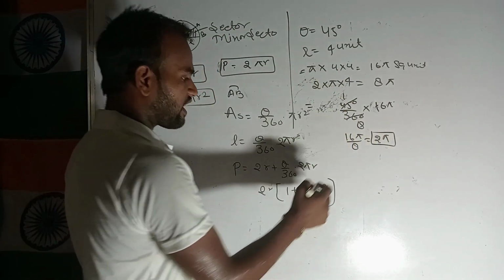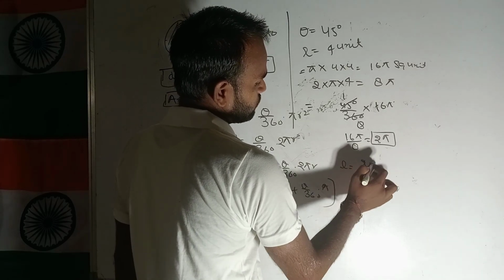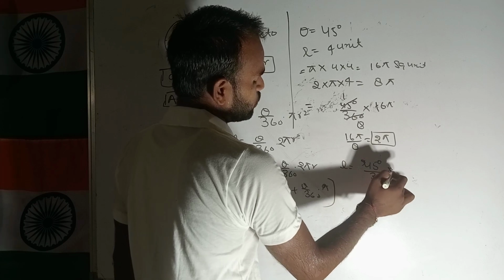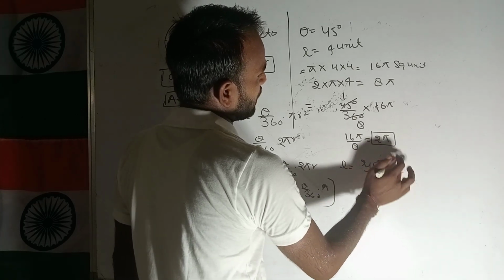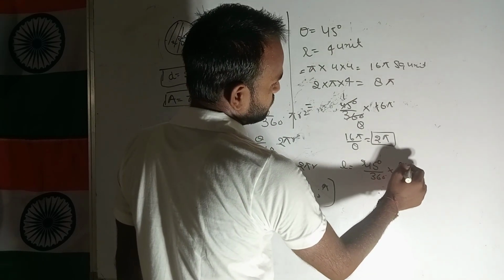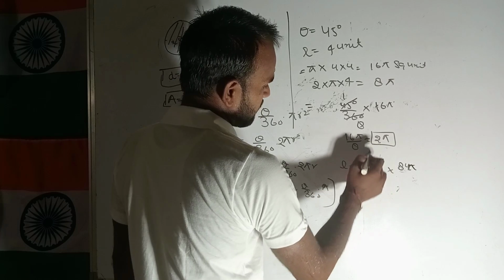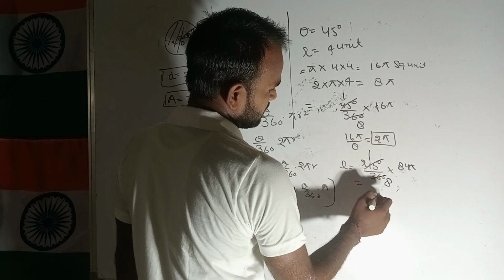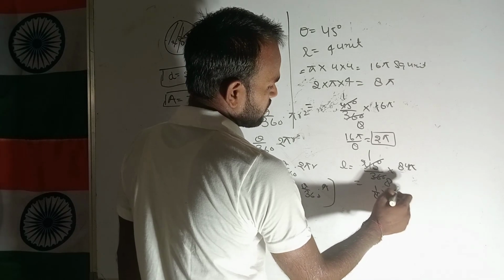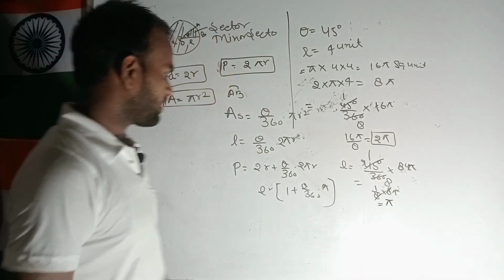Now the length of arc will be theta, 45 degrees, upon 360 degrees into 2 pi r. The value of 2 pi r is 8 pi. So it is 1 by 8 into 8 pi, the 8s cancel, and pi will be the length of arc.